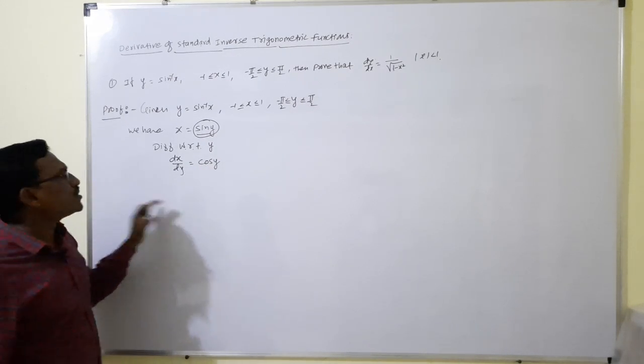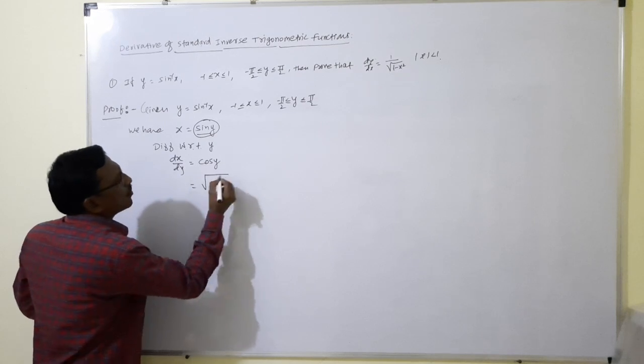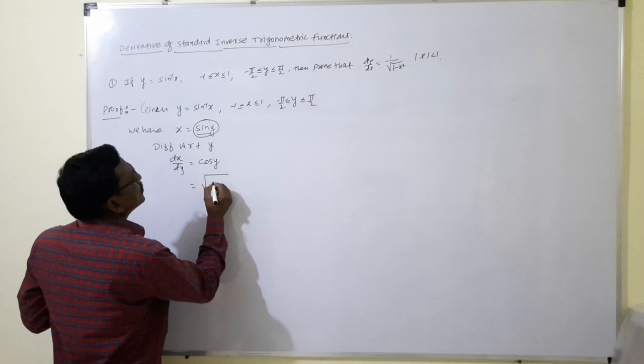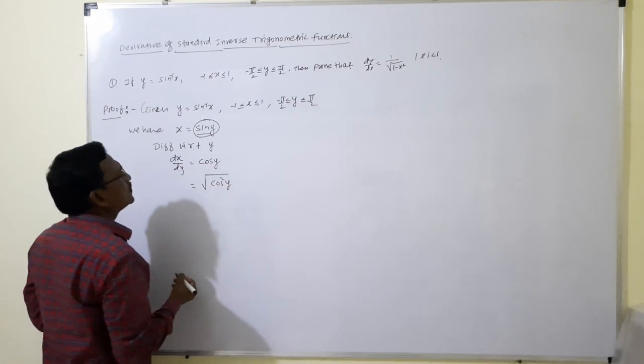Now we write this cos y in this way also. Cos square y.